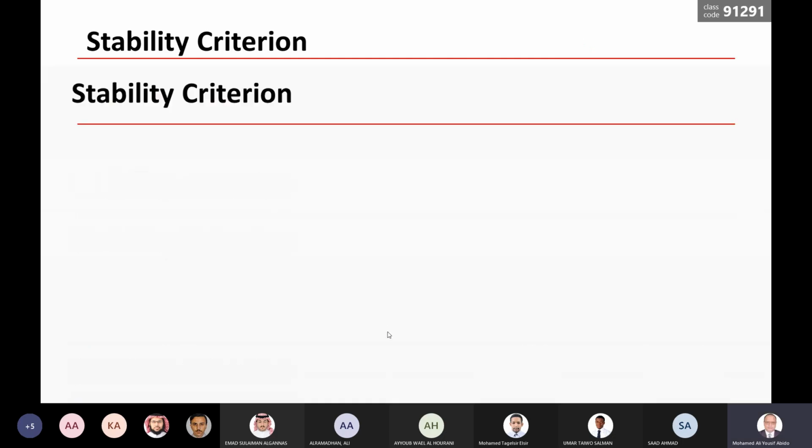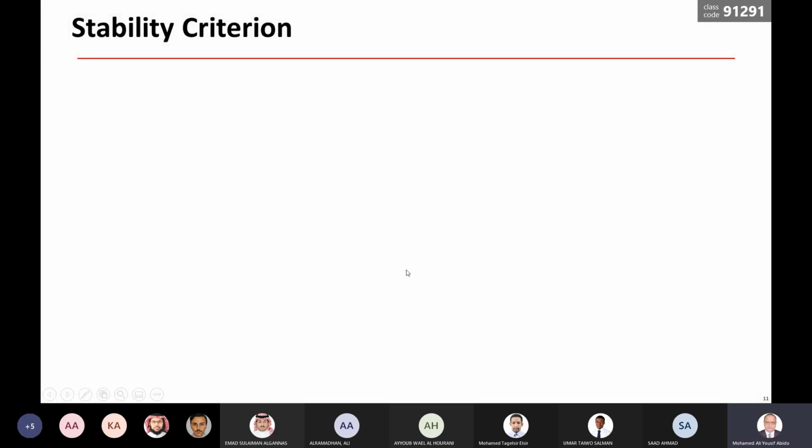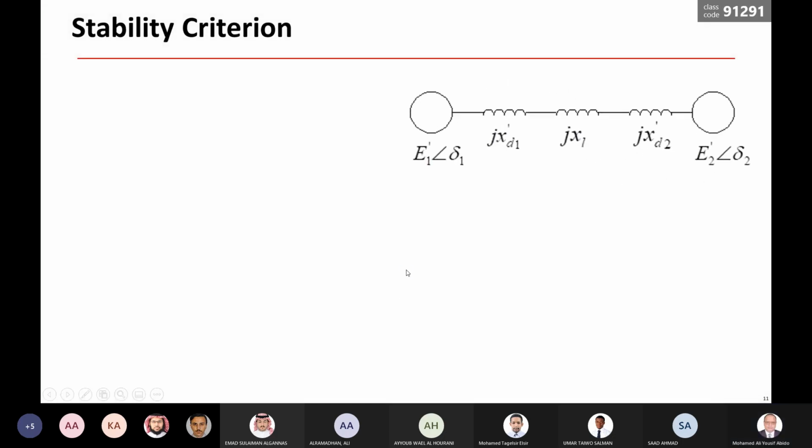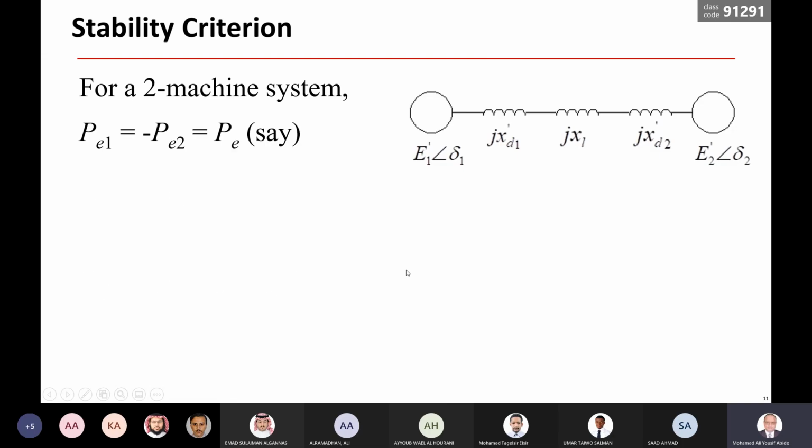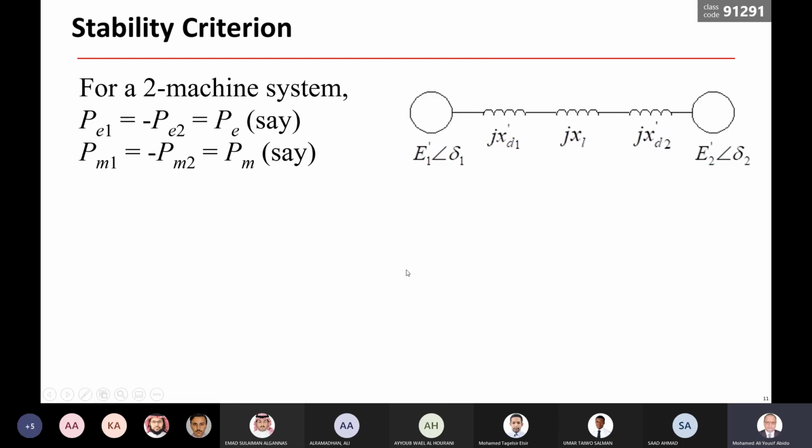So that means you can replace the two swing equations by one swing equation, where H is the equivalent inertia. The inertia of the equivalent machine is a function of the inertia of machine number 1 and the inertia of machine number 2.